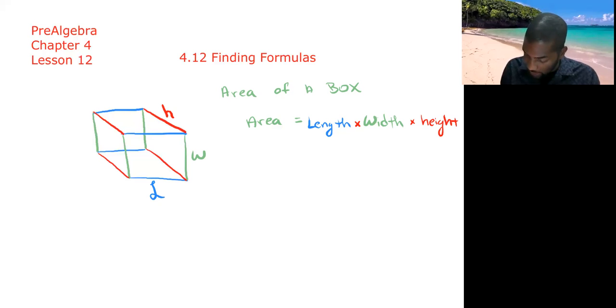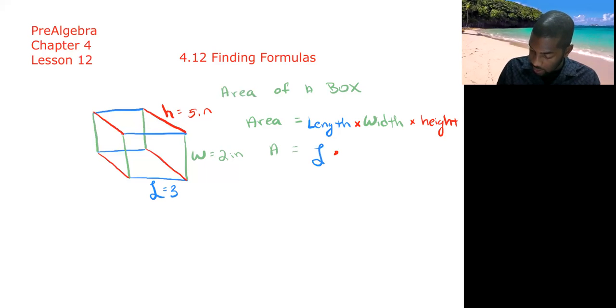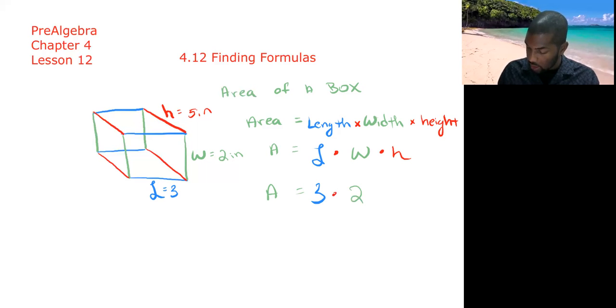So for example, if the length is, I don't know, 3 inches, the width is 2 inches, and the height is 5 inches, it's simply a matter of area being A is length times width times height, or replace the variables, you're going to get 3 times 2 times 5.